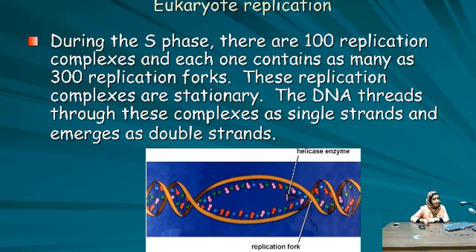Eukaryote replication. During the S phase, there are 100 replication complexes, and each one contains as many as 300 replication forks. These replication complexes are stationary. The DNA threads through these complexes as a single strand and emerges as a double strand.